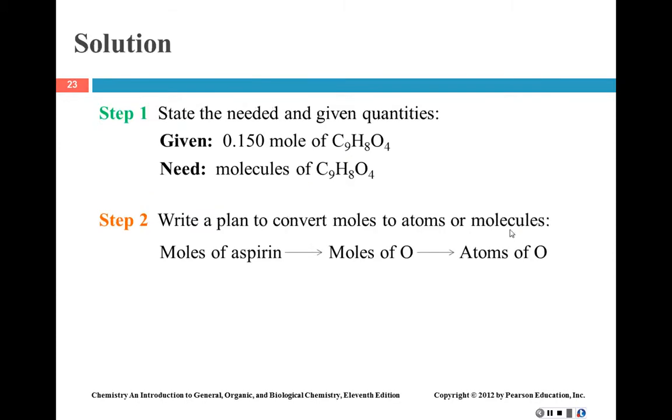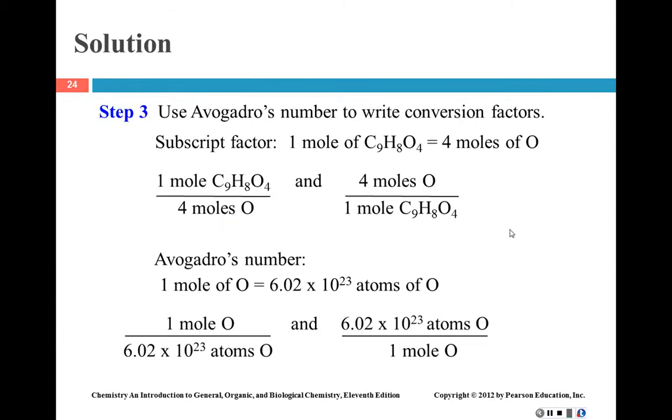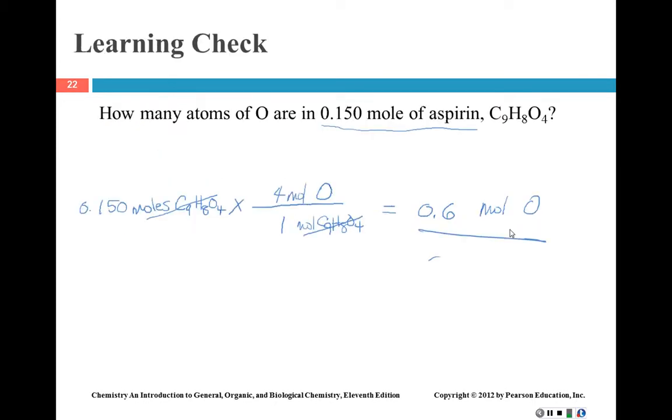Here are your detailed steps. Oh, one thing that I didn't do is read. Instead of just moles of oxygen, it wants to know molecules. So once I get to molecules, what I can do is say 0.6 moles of oxygen times my old buddy, what? Avogadro's number. I know that mole of oxygen goes on the bottom, and I could have done this all in one long problem, or I can break it out like this in steps.